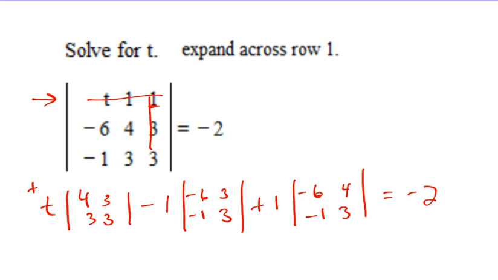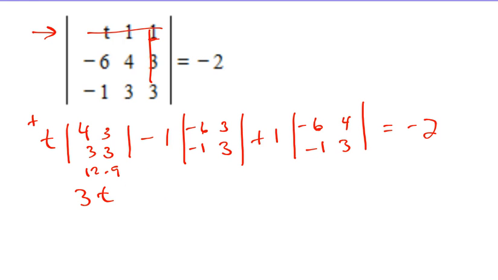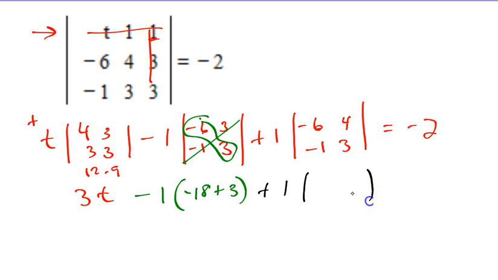And I know that this is equal to negative 2. So this is 12 minus 9. So 3t minus 1 times this negative 18 minus 3 plus 1 times negative 18 plus 4 equals negative 2.